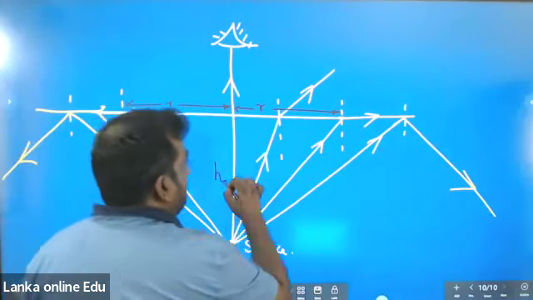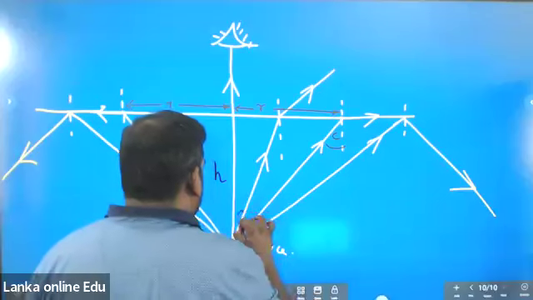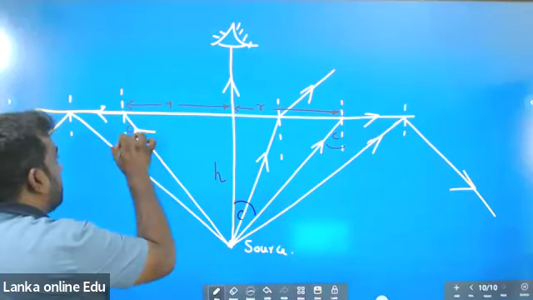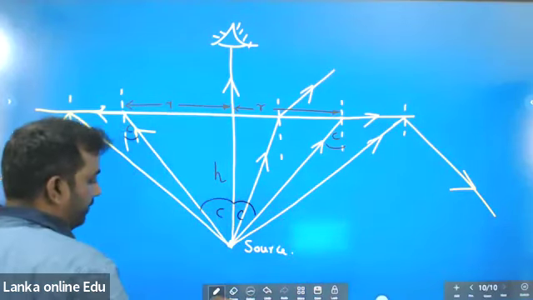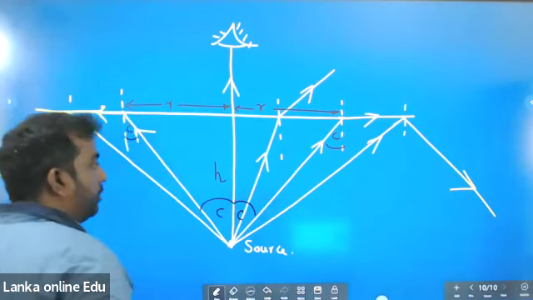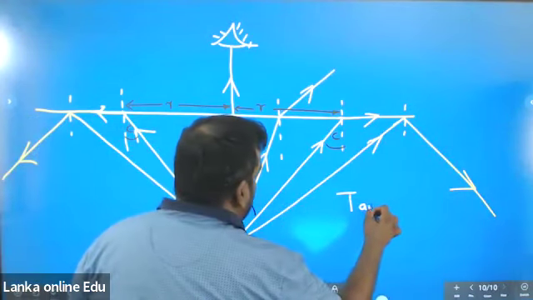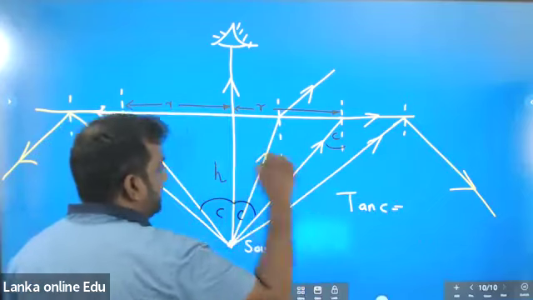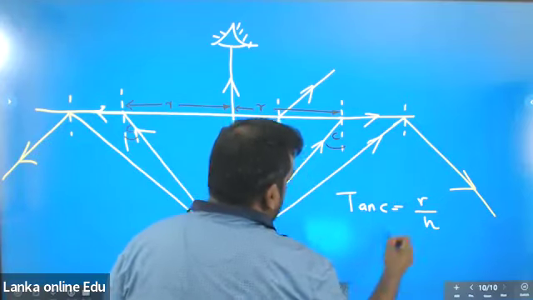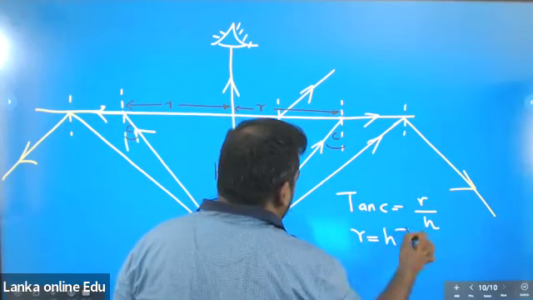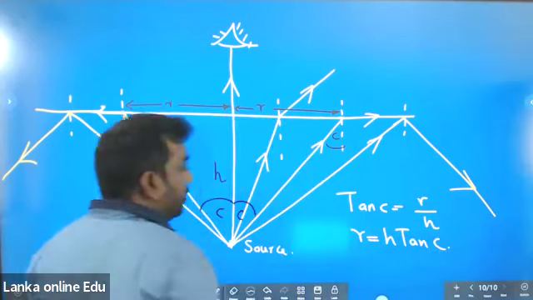This is the depth. If I take this as the critical angle, here also it is the critical angle. Careful. Now, tan C is equal to opposite over adjacent, R over H. So R is equal to H tan C. There you go, the radius is formed.